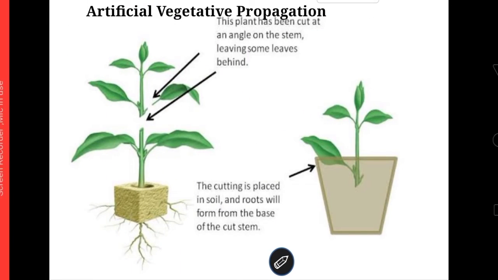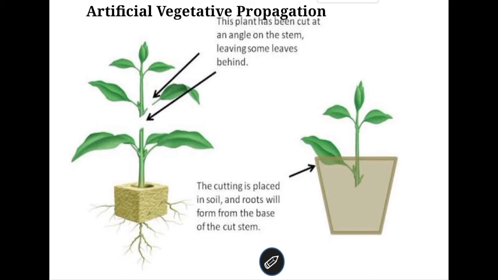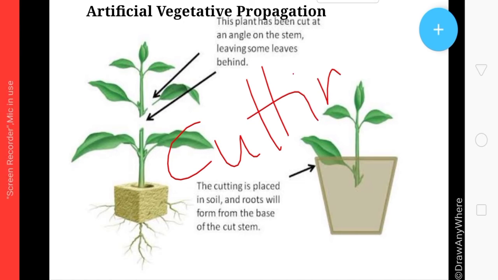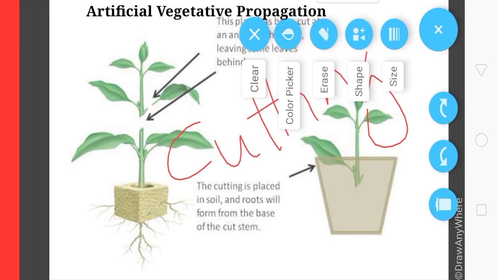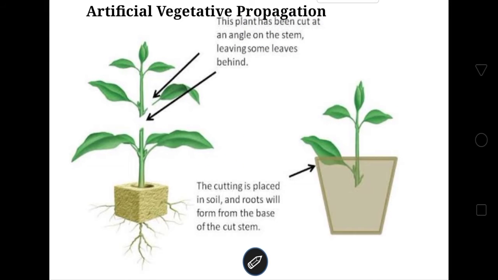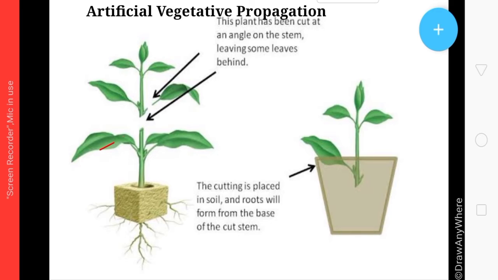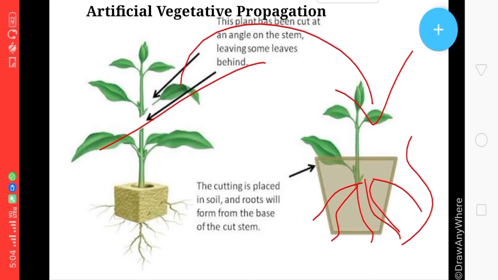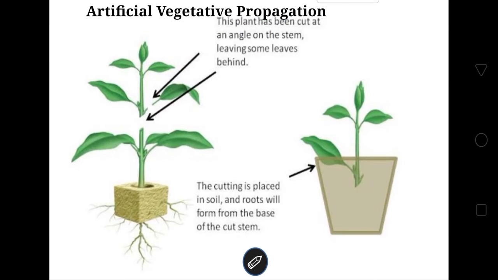This process is known as cutting. In cutting, we cut the stem of a plant and plant it in a new place. After some time this plant will develop roots and grow into a new individual plant.